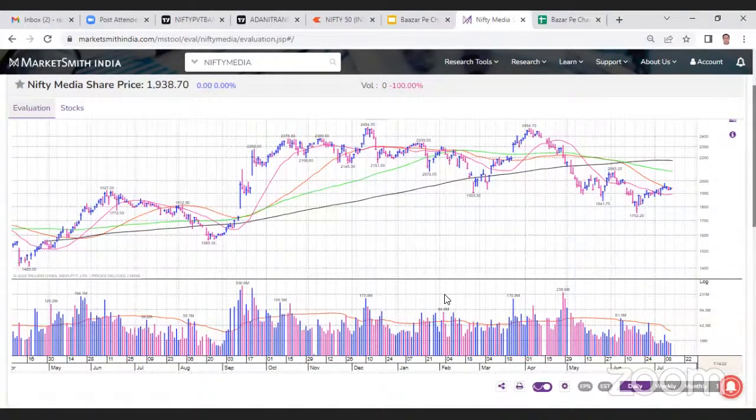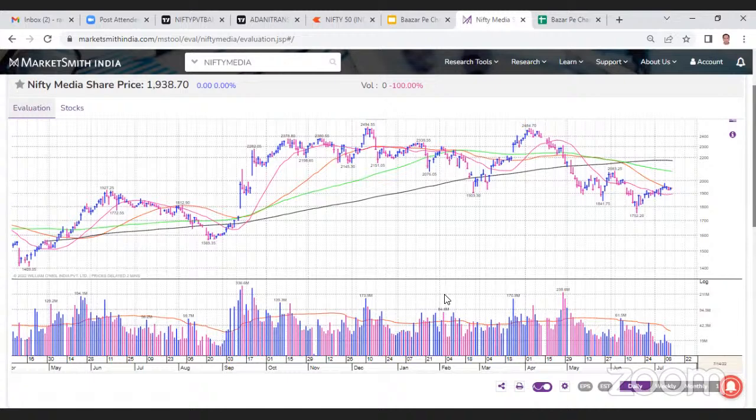The slope of weekly RSI is already downward sloping. MACD is also negative on the weekly chart and trending below 0 or the central line. And the monthly chart is about to give a negative crossover. So that is why I am saying that it is not looking attractive, this media sector, media index.